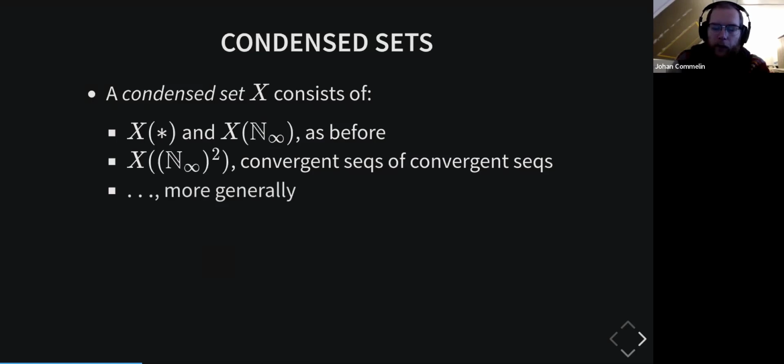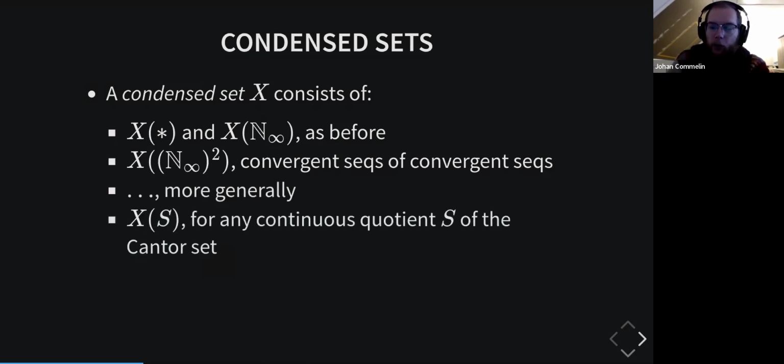And actually, more generally, we just want to remember a set X(S) for any continuous quotient S of the Cantor set. I'll show a picture of the Cantor set on the next slide, but it's this crazy fractal-like thing that, if you think a bit about it, is a very generalized version of this N∪{∞}.